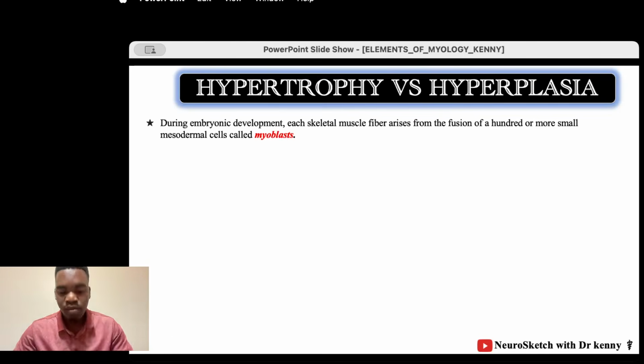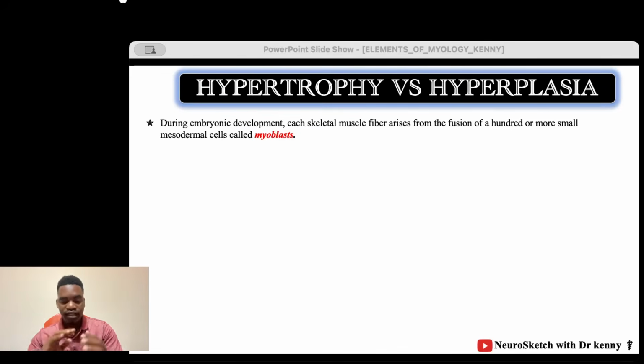During development, when the baby is still in the uterus, in utero, the muscle fiber, which is the myocyte, is made up of a number of muscle building cells, which are known as myoblasts.